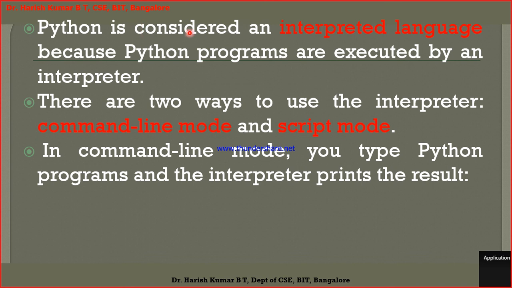Python is considered an interpreted language because Python programs are executed by the interpreter. In my earlier classes, I told you Python is written using the C programming language, and it is an interpreted language. You write the program and you can interpret it using the Python interpreter.